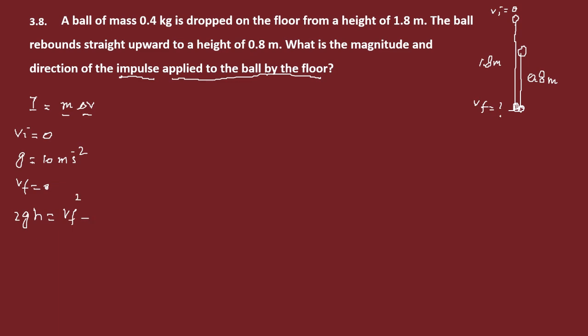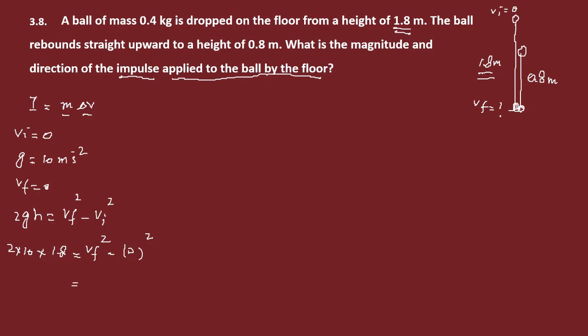Now putting the values here, 2 multiplied by g, the value of g is 10, and the height is 1.8 meter. It was dropped from a height of 1.8 meter, and the initial velocity was 0 since it was at rest.